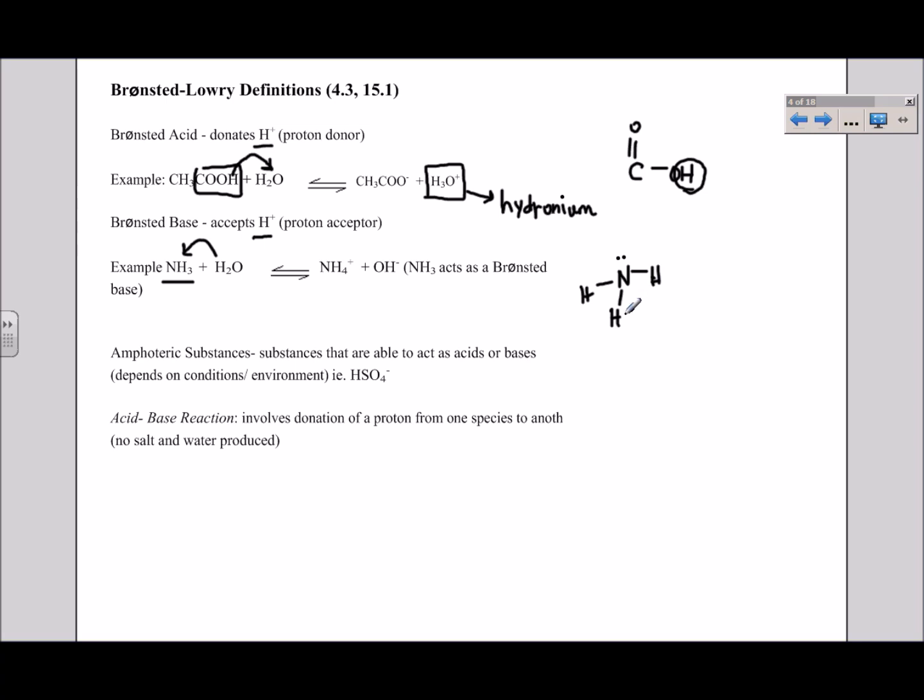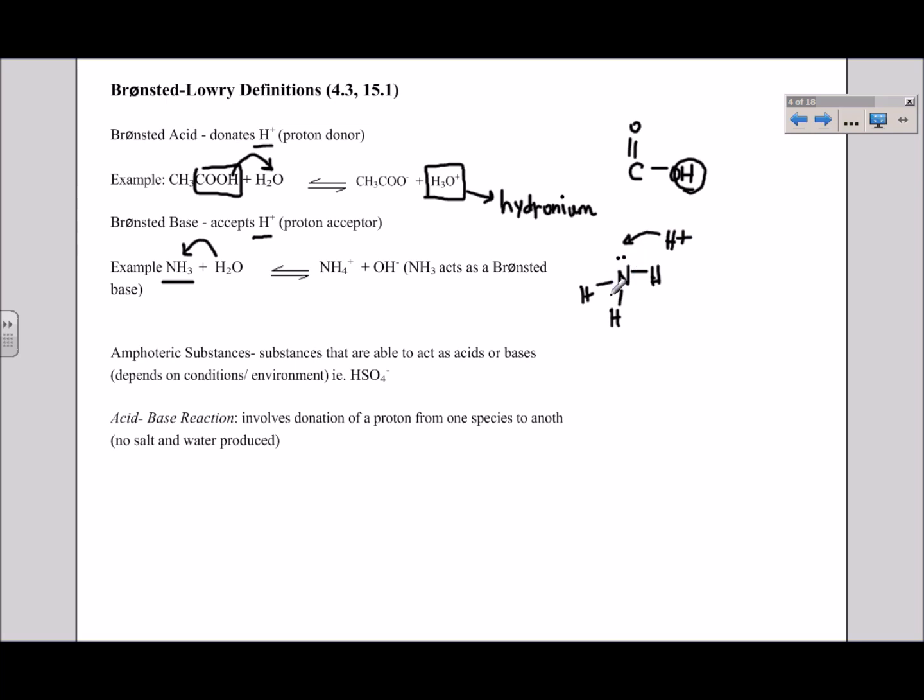Nitrogen always forms 3 bonds and always has a lone pair. And the lone pair is the location for accepting the proton. So this is the position where the compound is able to accept the proton.